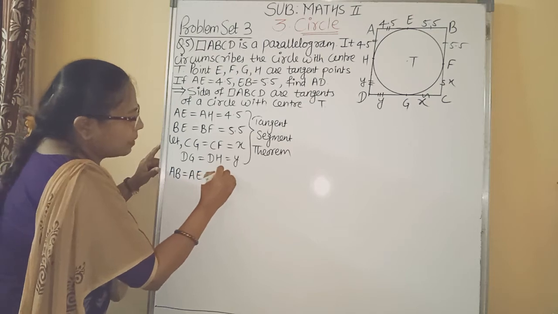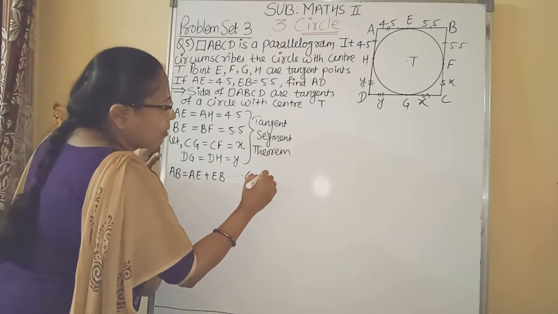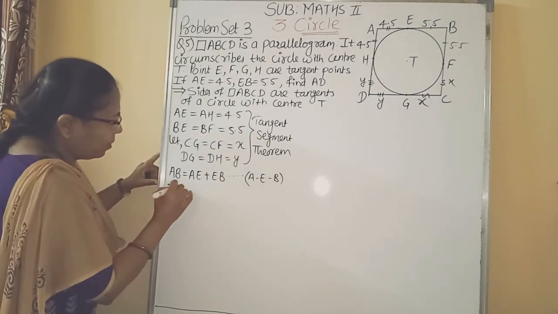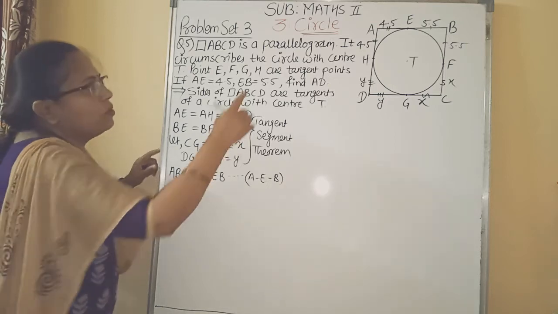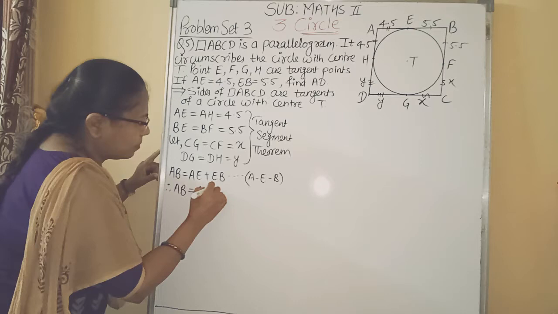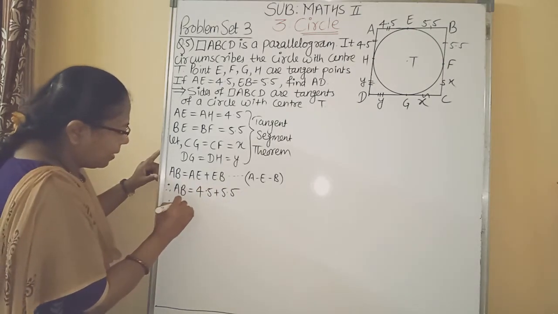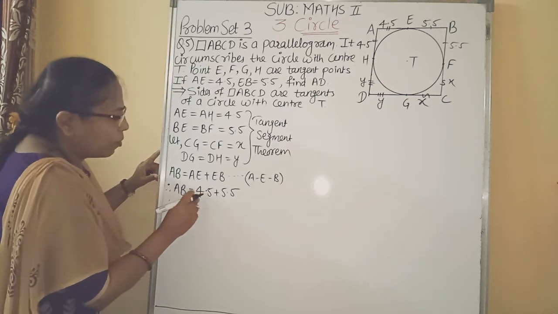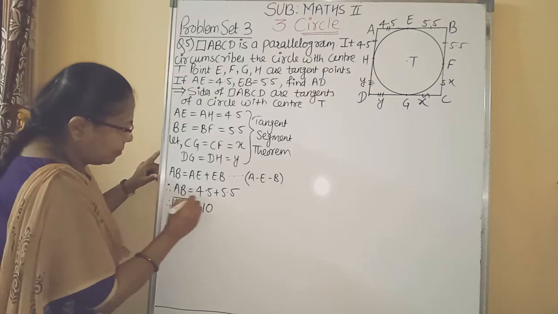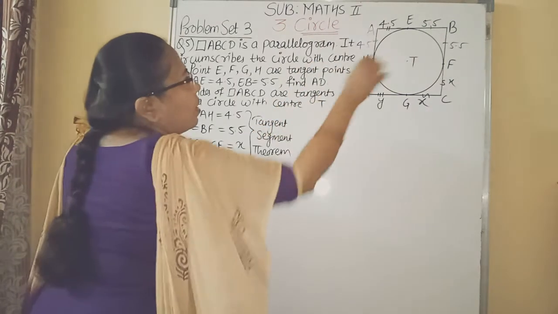Reason we can write: A-E-B are collinear, E is between A and B. Therefore, AB is equal to 4.5 plus 5.5, which is 10. So side AB we got 10.